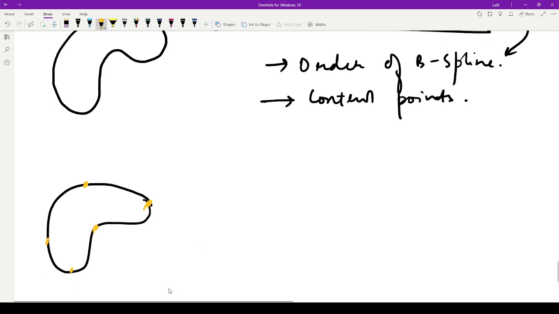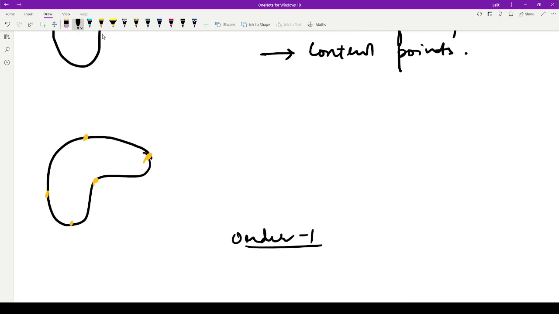So if I take order 1, that means if I take linear functions out there, how will this look like? I still have these specific points out there. How will it look? Anyone?